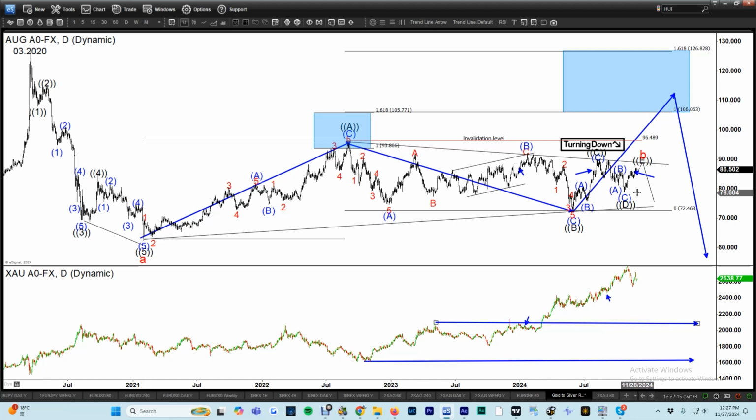Silver right now is around 30.5, right? You drop that by 40%, and we're going to go all the way down to below $20 again.